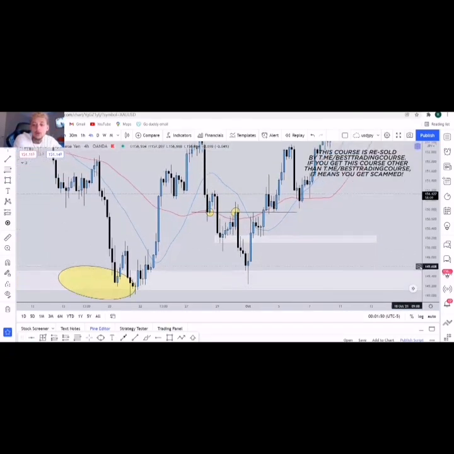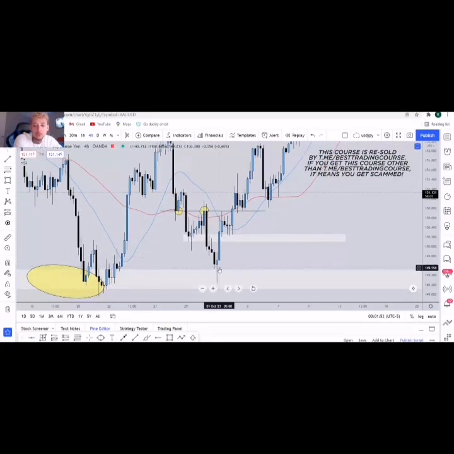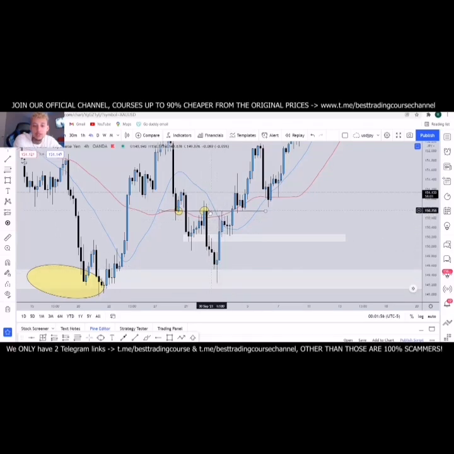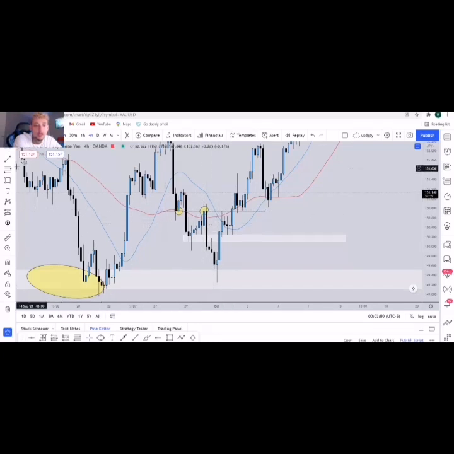So what we're looking at is price rejecting daily support, coming back, hitting daily resistance where it was met with a little bit of selling pressure, and now price is slowly but surely, look at this, rejecting 4-hour support over here. Can we look for a trade opportunity here?